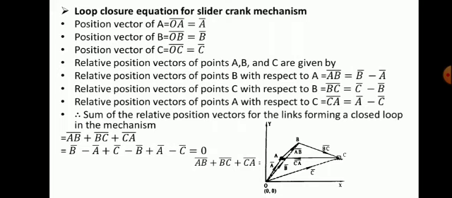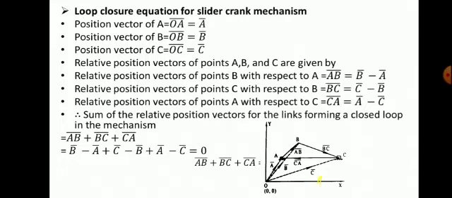AB is B minus A, BC is C minus B, CA is A minus C, equal to 0. AB plus BC plus CA is equal to 0.